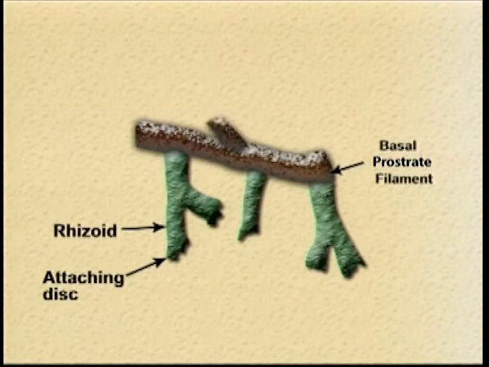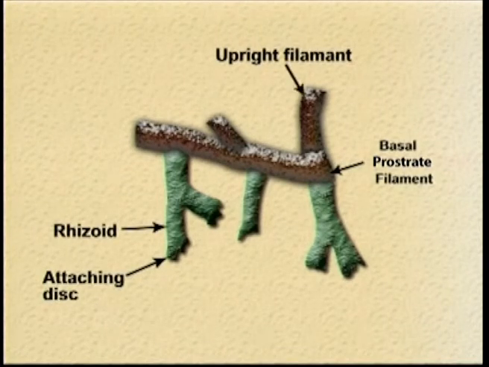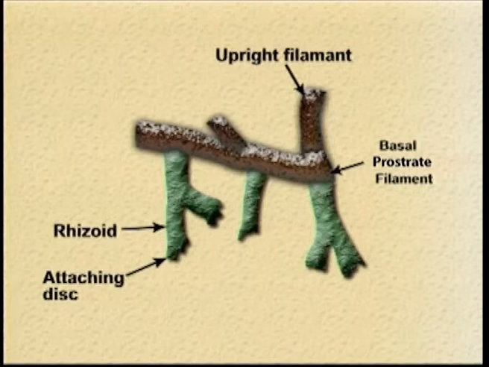Now upright or vertical filaments. These arise from the prostrate filaments and are laterally or dichotomously branched. The upright system consists of main axis and the branches of unlimited and limited growth.